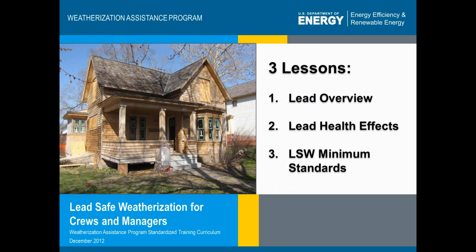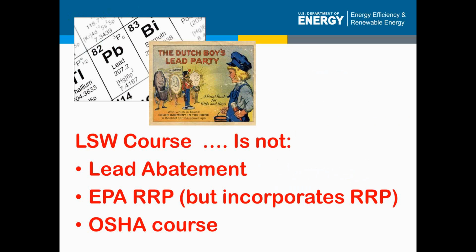If you've taken an RRP class, a couple of things that we always mention in that class, and the same thing with this curriculum. When we're talking about lead-safe weatherization, we're not talking about the process of abatement. Abatement is the purposeful removal of lead in a structure, on the component. That's not what we're doing here.